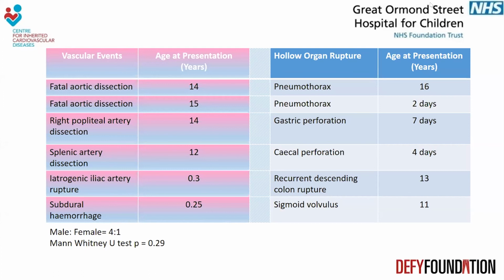The other ones, most of the very young ones, presented with quite dramatic events, and it was spotted by either the pediatrician or the cardiologist looking after them that there was something wrong. But again, the subdural hemorrhages and the splenic rupture were considered non-accidental injury as a first hypothesis, just to highlight the fact that sometimes it's not the first thing that comes to mind.